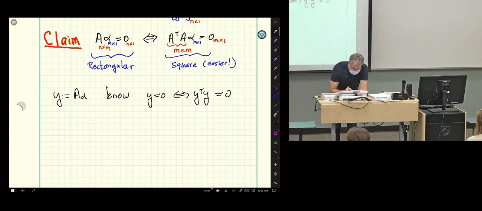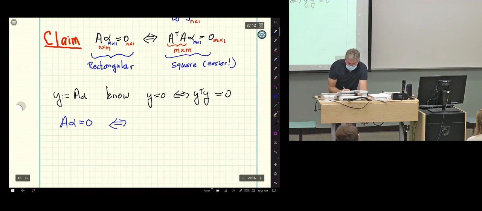That means I know A alpha is equal to the 0 vector if and only if, well, what is y transpose? When I transpose a product, I get the product of the transposes in reverse order. So this is alpha transpose A transpose, and then y is A alpha, equals 0.